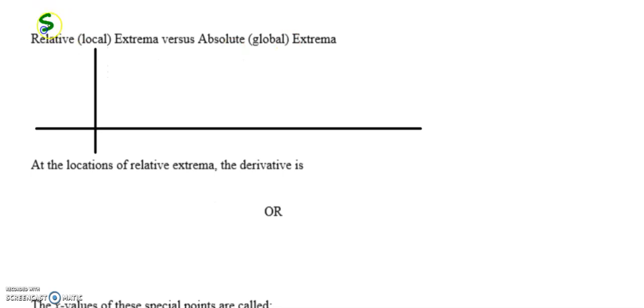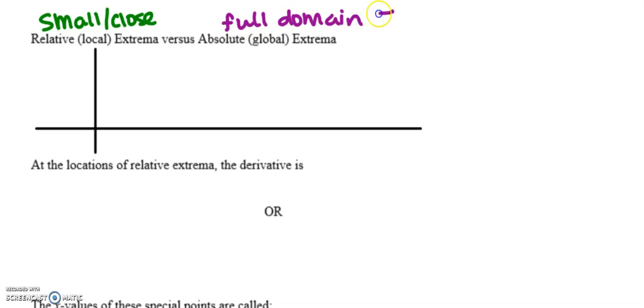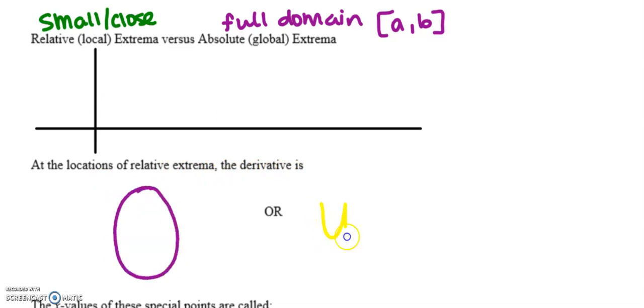Relative is on a small or close interval. Absolute is on the full domain, which, remember, when we talk about the extreme value theorem, will be a closed interval from a to b. At all of the locations of relative extrema, the derivative is 0 or undefined.